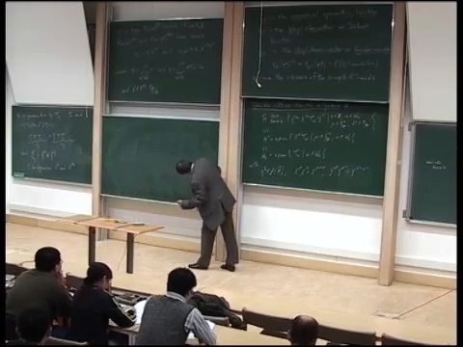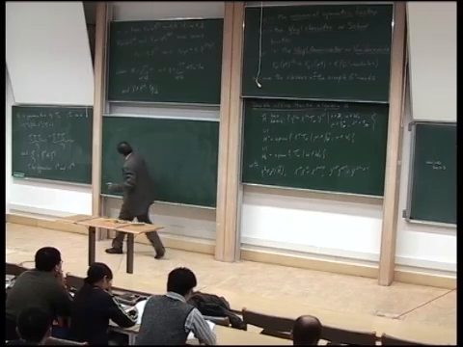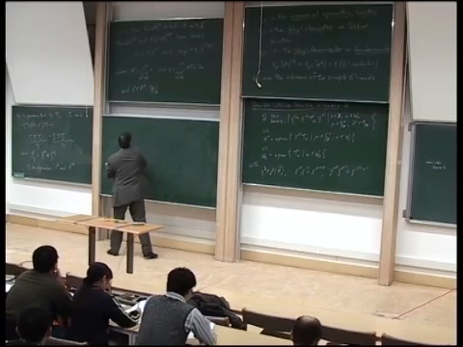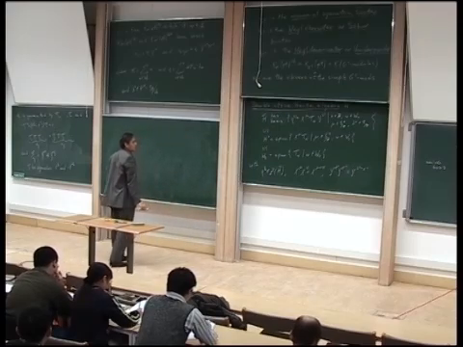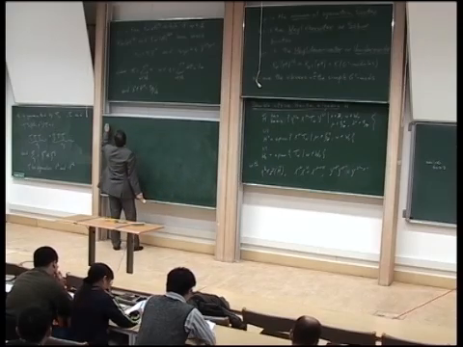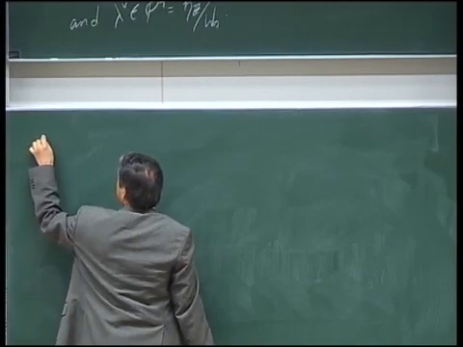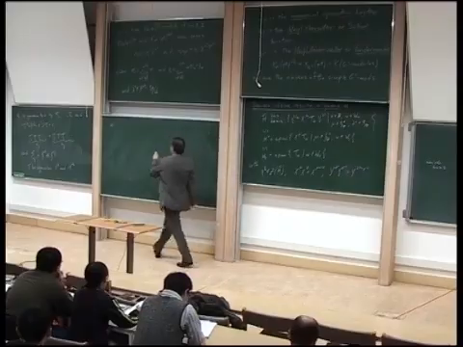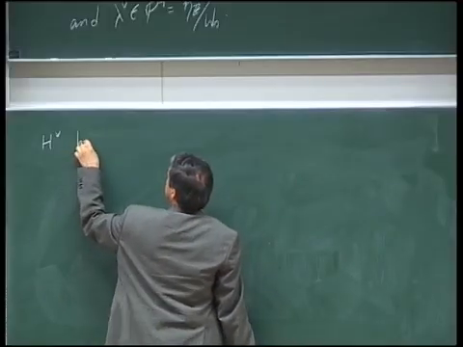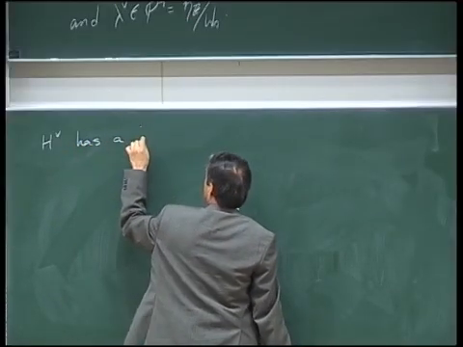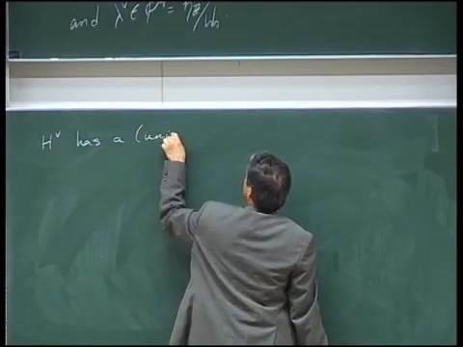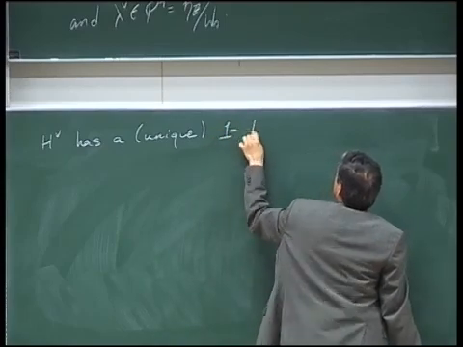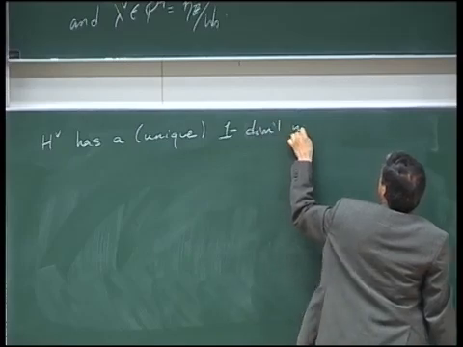Right. So now the subalgebra H check. So this affine Hecke algebra has a unique one-dimensional trivial module.